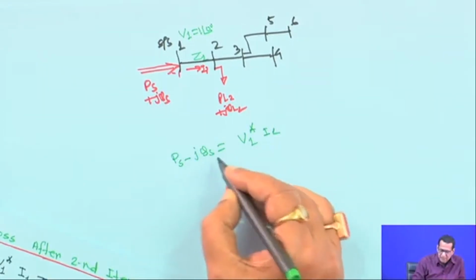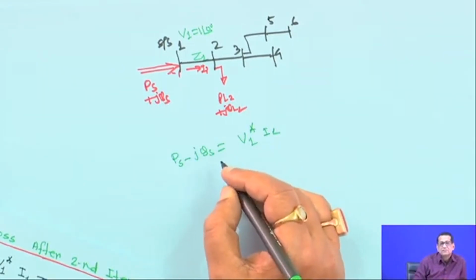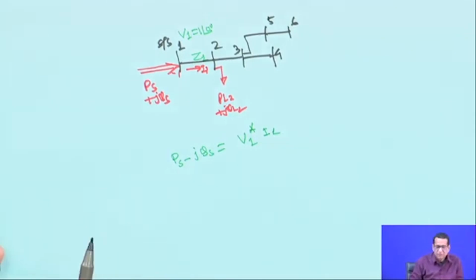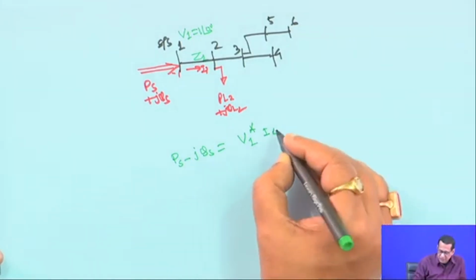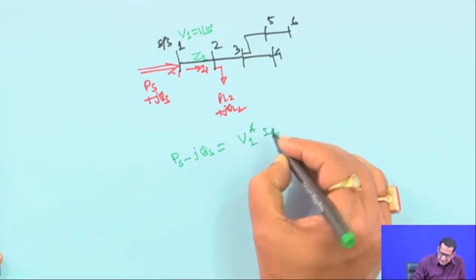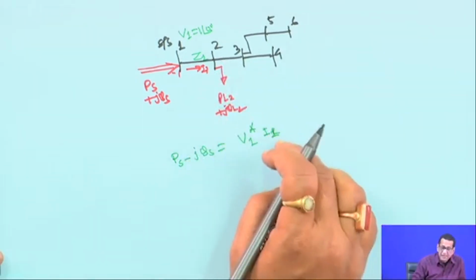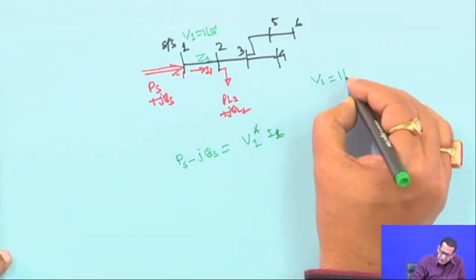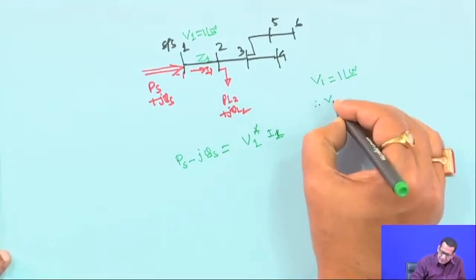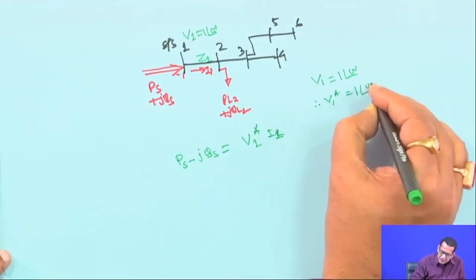The way you have studied in the load flow studies, PL minus jQL is equal to V conjugate I. So PS minus jQS is equal to V1 conjugate I1, and I1 is known to you, and V1 is equal to 1 angle 0 degree. Therefore V1 conjugate is also 1 angle 0 degree.